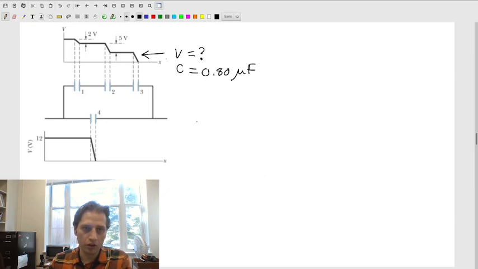So, okay, we're looking for the voltage. We want to go ahead and use this information to find the capacitance on this one and that one. Well, what secret piece of information do I have here? The secret piece of information I have is that the total charge on 2, 3, and 1, that Q equals CV, is the same.